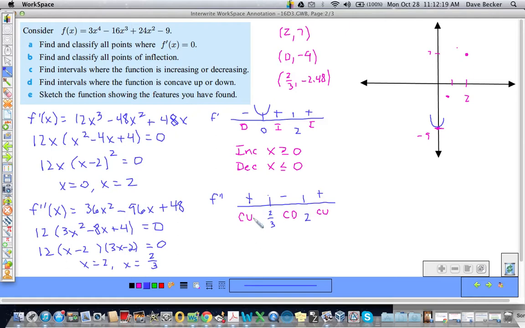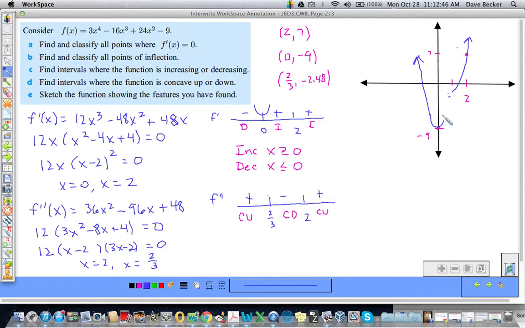I know I'm concave up, concave down, concave up, so I know I have a point of inflection here. I have to be a little careful because it's going to even out here and then go back up like that. I should have been a little bit better.